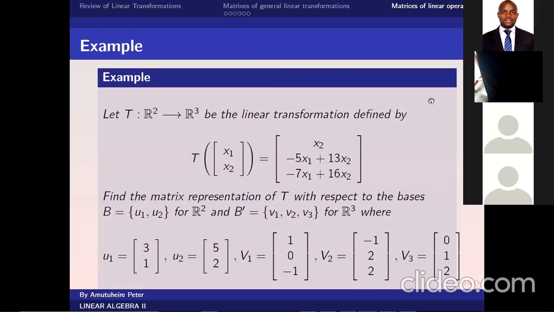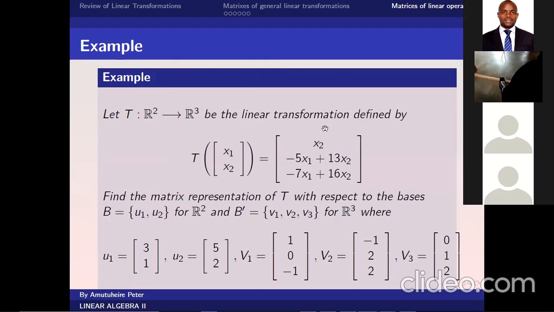In this example, we have a linear transformation. This is a transformation because it takes things from R2 and returns things in R3. So this linear transformation is defined when you give it two vectors in R2, x1 and x2.